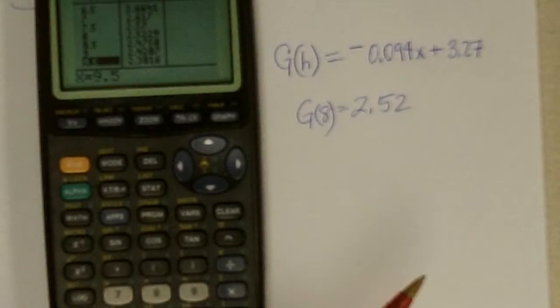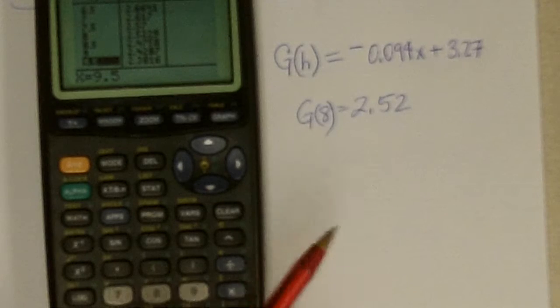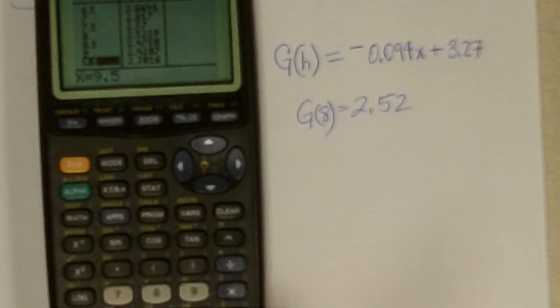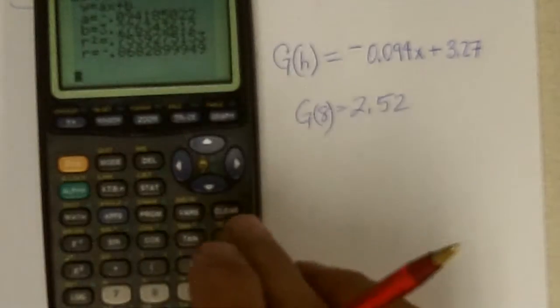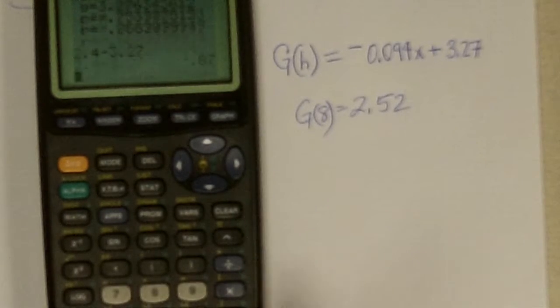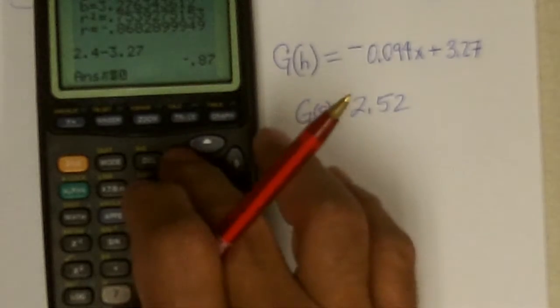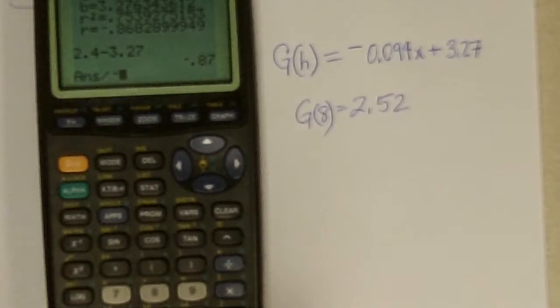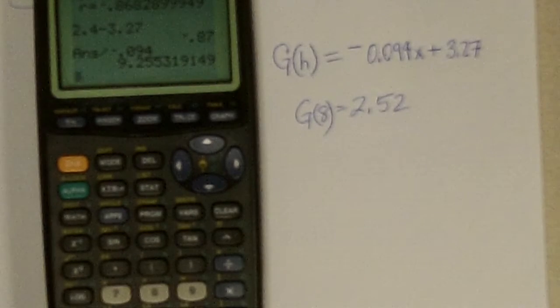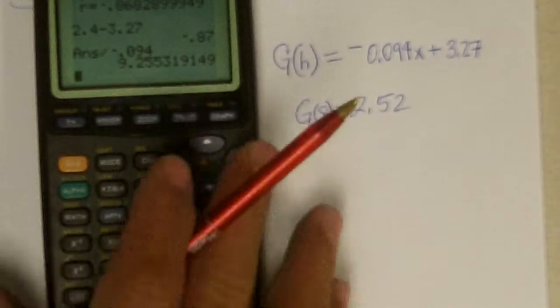So that's 2.4 minus 3.27, divided by negative 0.094, and it says about 9.25 hours of video game playing.